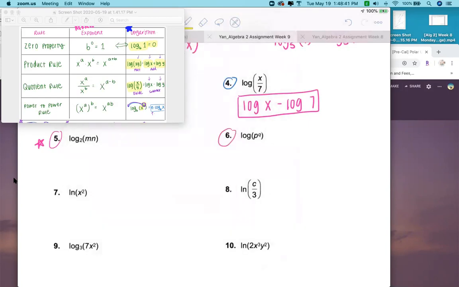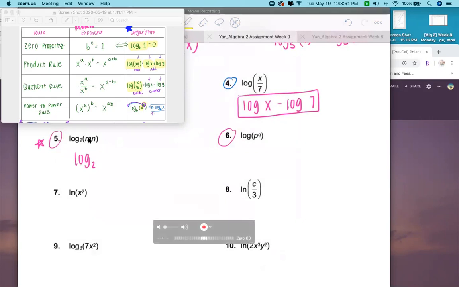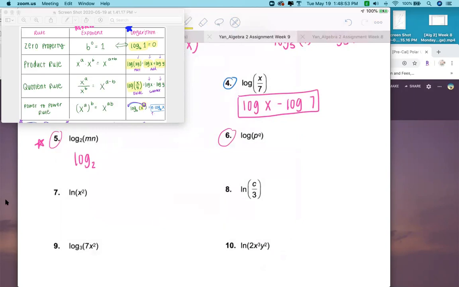Okay, so for number 5, it's log base 2, and we are dealing with the product rule, because we have two things multiplying each other. So break it down to log base 2 of m plus log base 2 of n. Yeah?